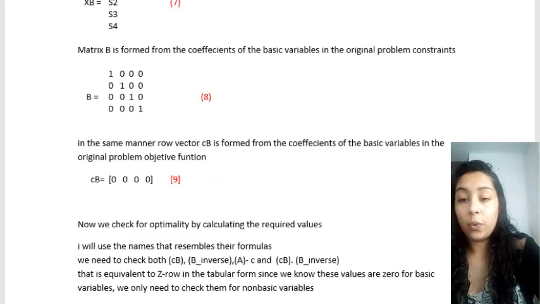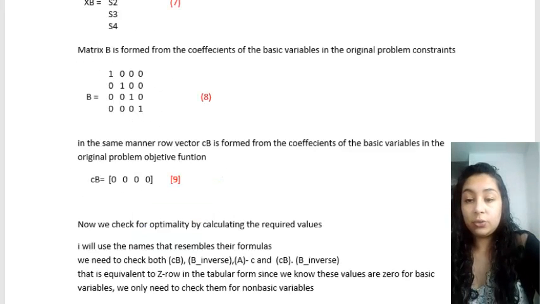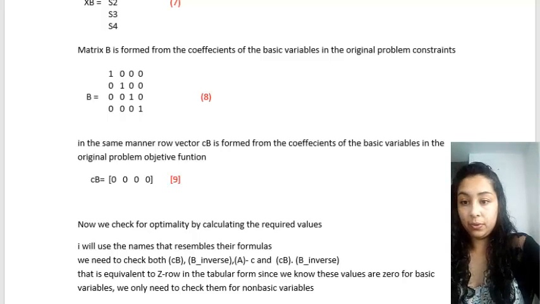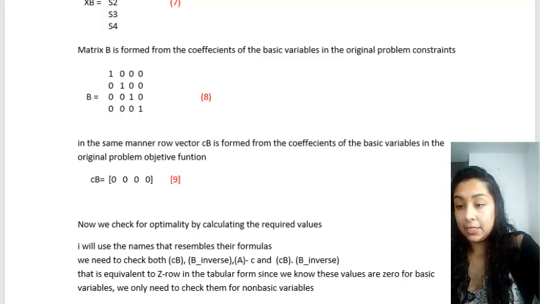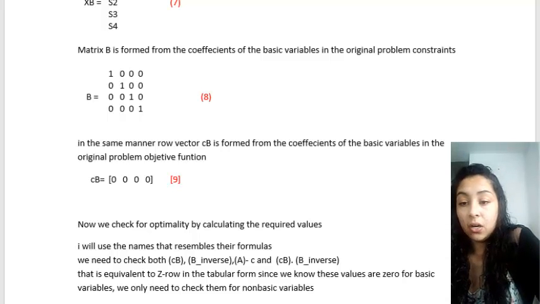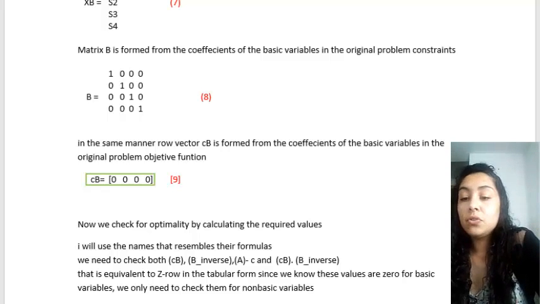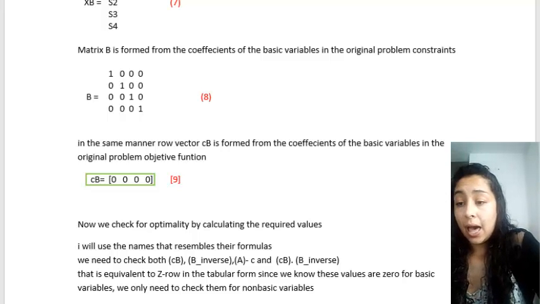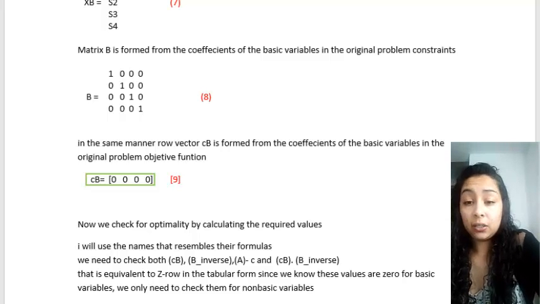Here we have the corresponding objective function values of these basic variables, which of course are all zeros, and we will do the calculation.